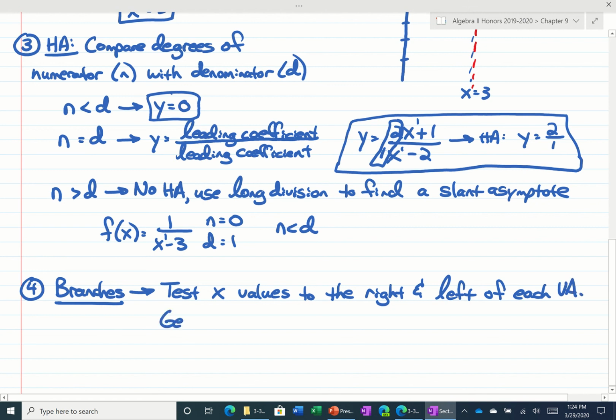And we're going to get a point from the simplified function. So let me explain what that means.